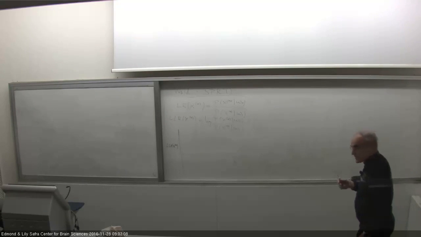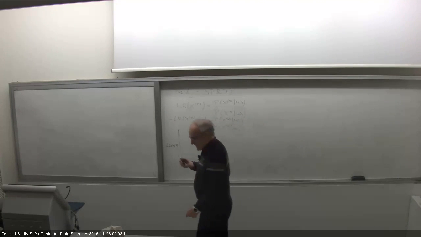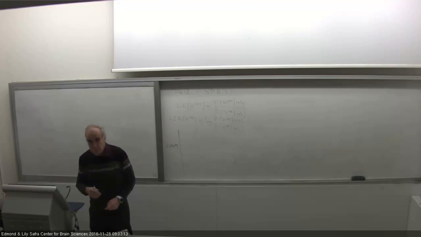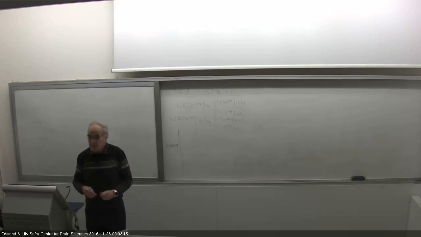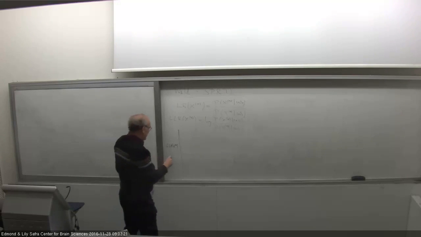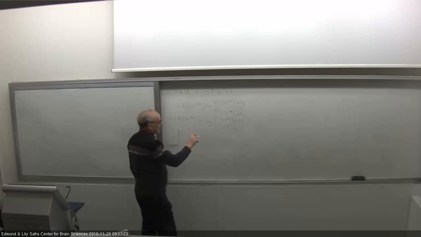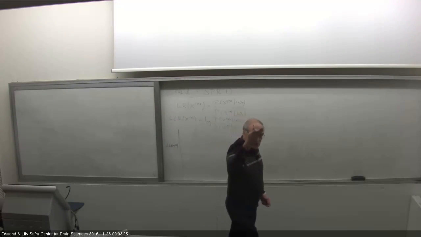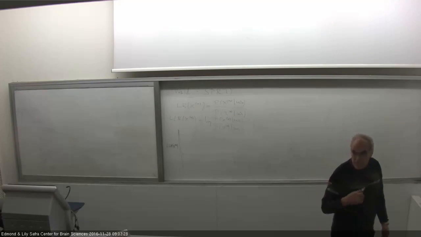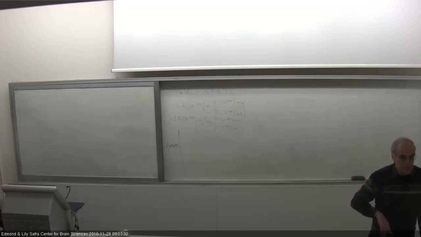If these variables are normally distributed, sometimes we call it a Wiener process, or in another context Brownian motion. It doesn't matter, it's the same thing. And this is going to accumulate with a positive slope if I'm in the first state, and with a negative slope if I'm in the second state.